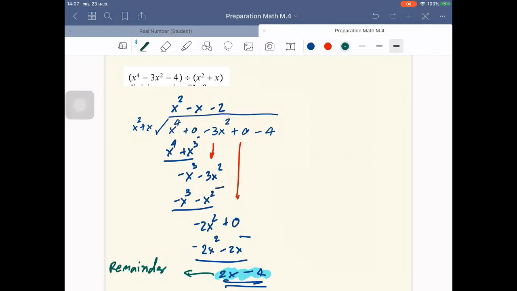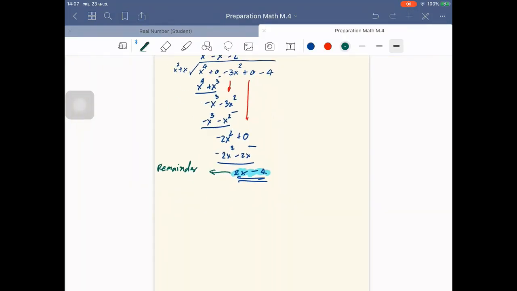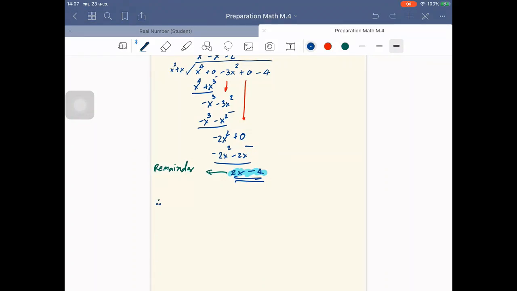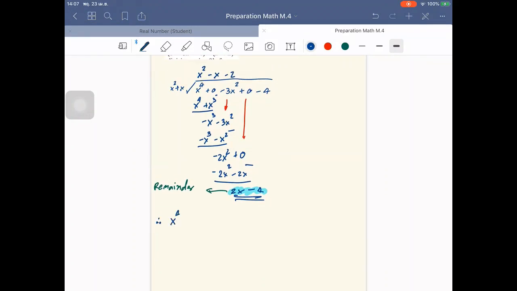Okay, how can we conclude the answer with a remainder? So the first one can be x squared minus x minus 2 plus 2x minus 4 divided by its divisor.